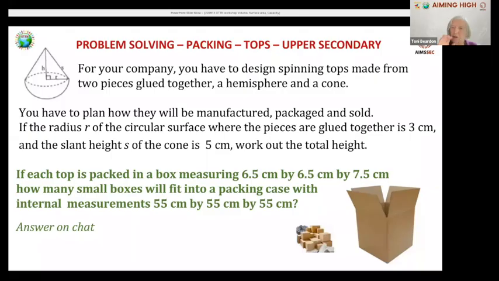And now they're going to be put into packing cases, and the packing cases are 55 centimeters by 55 centimeters by 55 centimeters. So here's a problem for you. How many of the small boxes will you fit into the big box? Now this is only packing cuboid shapes in a big packing case, which happens to be a cube. How many? Would you like to have a go at working that out?